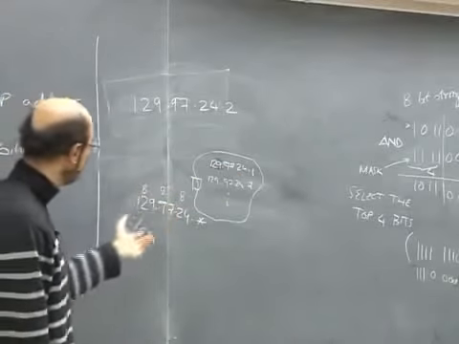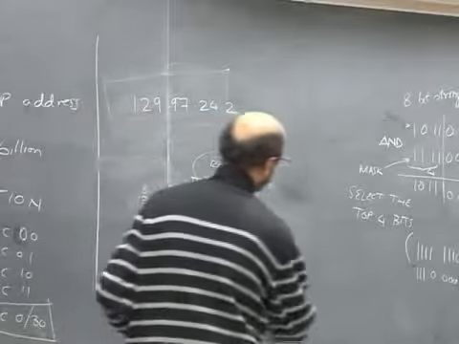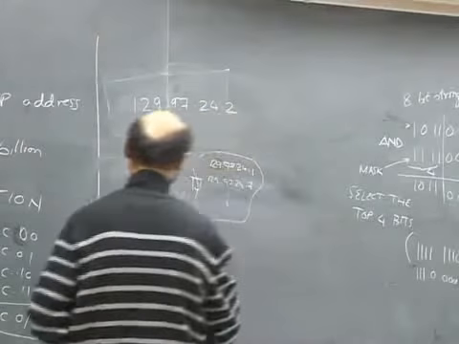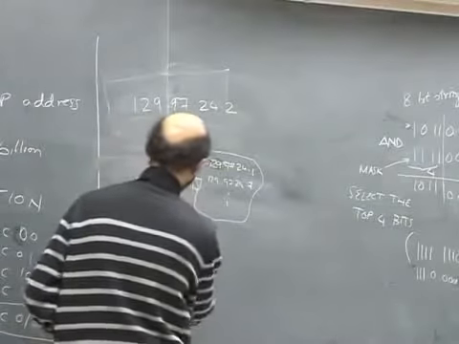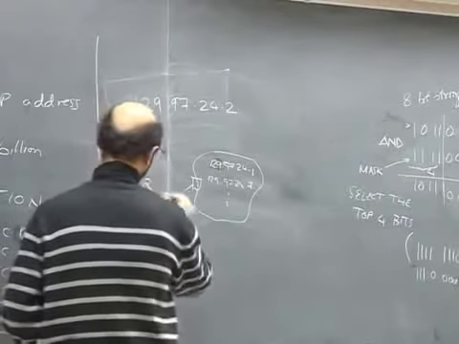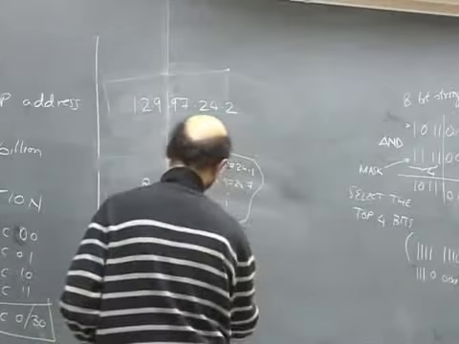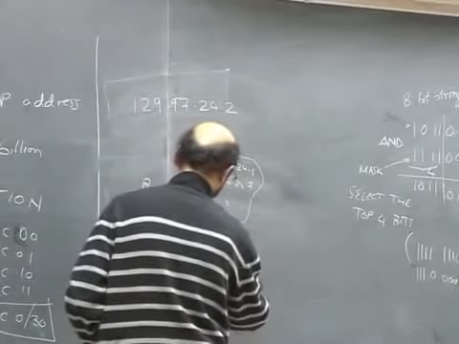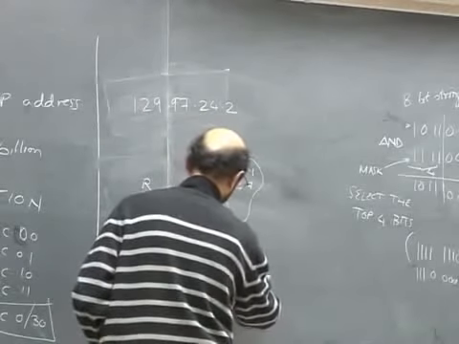Okay? So to go back to the routing table, let's put some routing table next to it and see what happens. I have a router over here, and it has another subnet, which is 129.97.75.